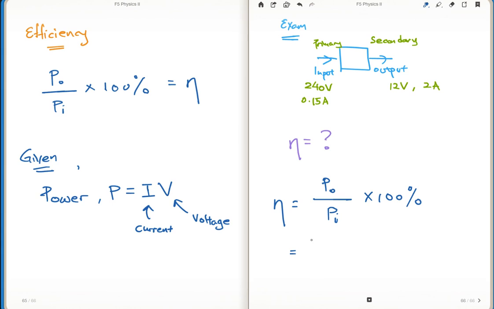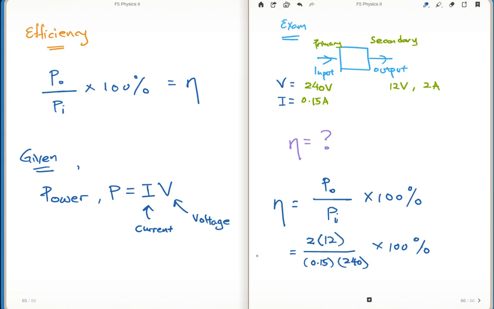So P equals IV, so it's 2 times 12, over your input IV, this is I, this is V, 0.15 A times 240 V, times 100%.